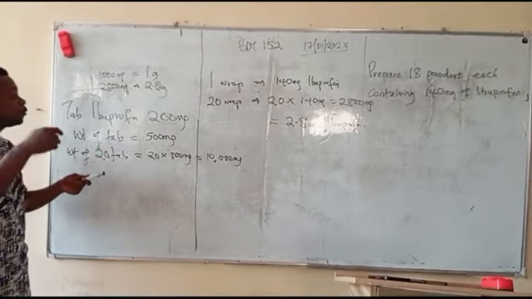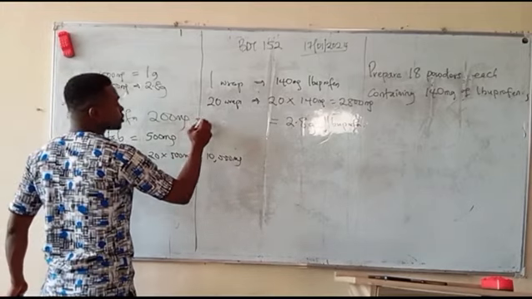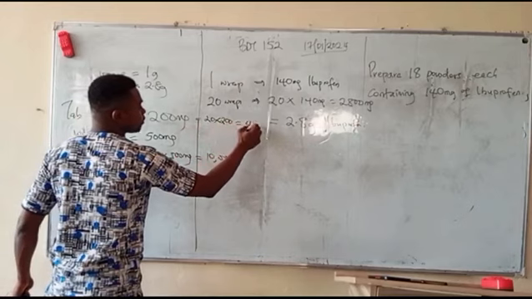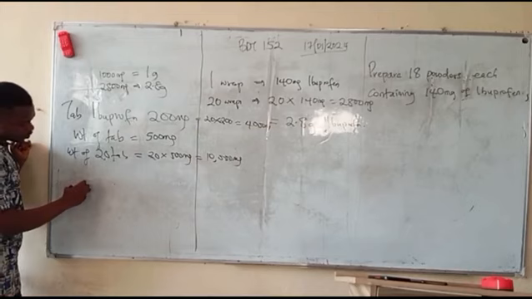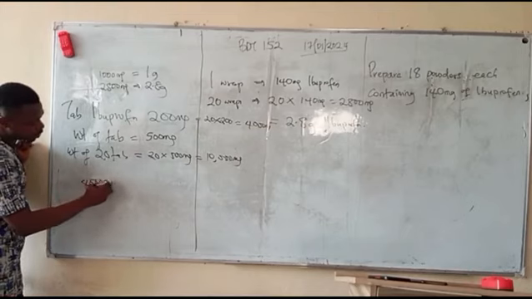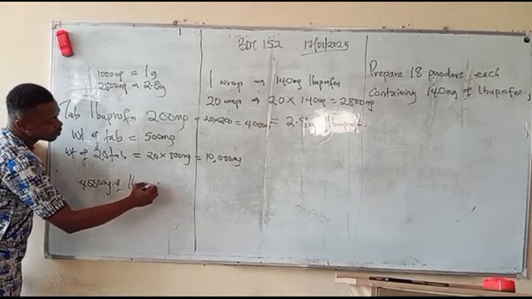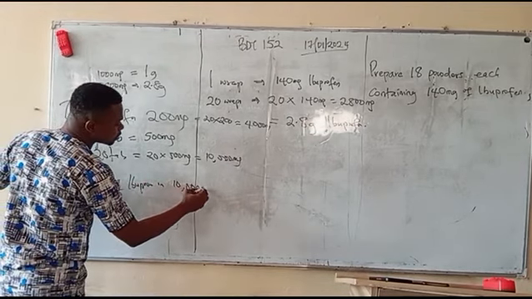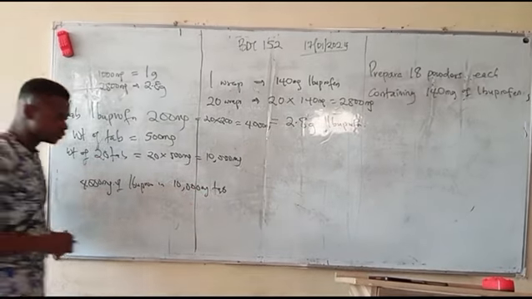But the weight of ibuprofen inside that 10,000 milligram is 20 times 200, which is 4,000 milligram of ibuprofen inside the 10,000 milligram of tablets. True of us? Yeah. Good.